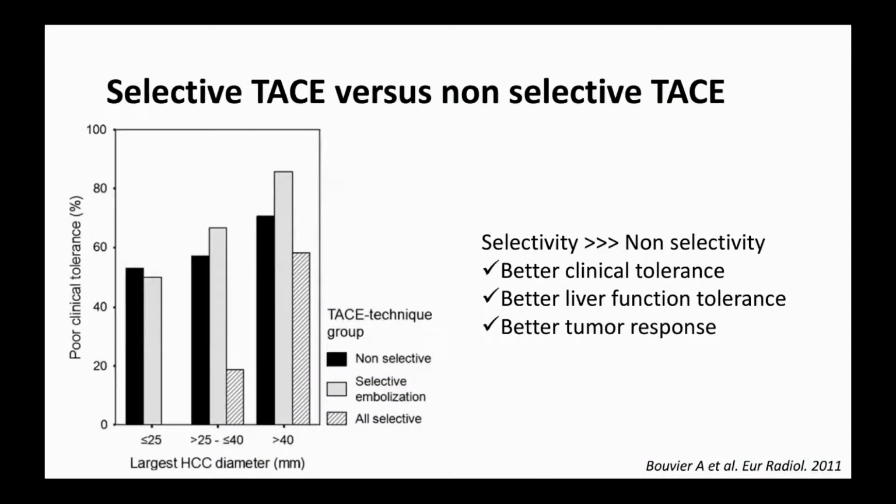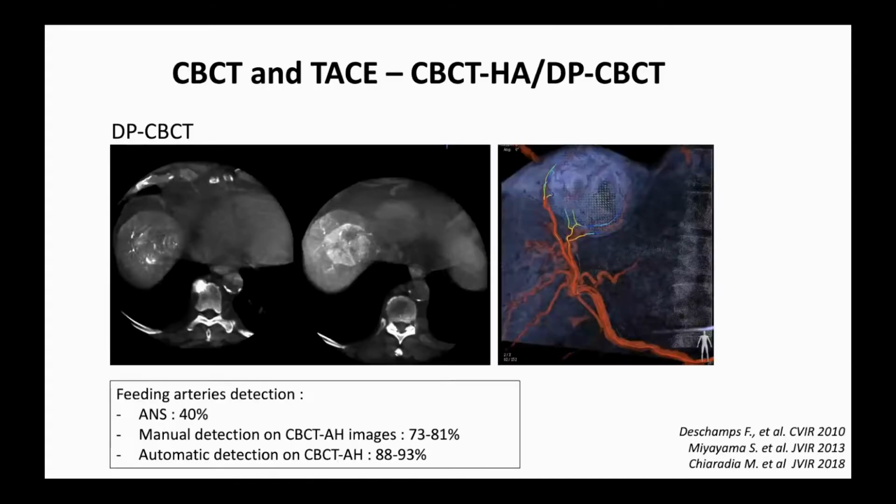Shall we go for selective TACE versus non-selective TACE? Of course, we should go as selective as possible because of the better clinical tolerance, the better liver function tolerance, the better tumor response. How can we do that?